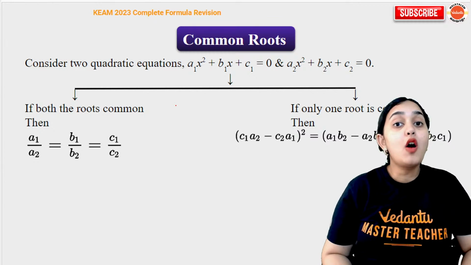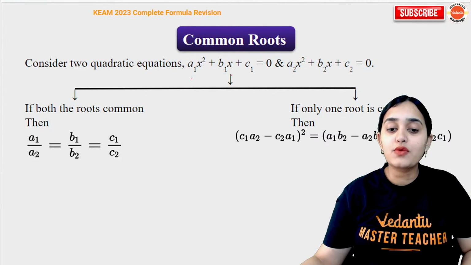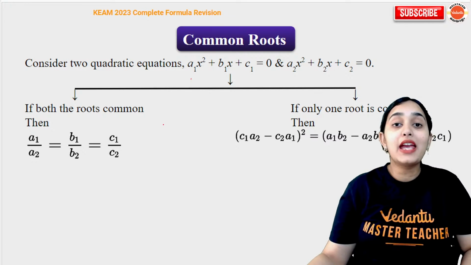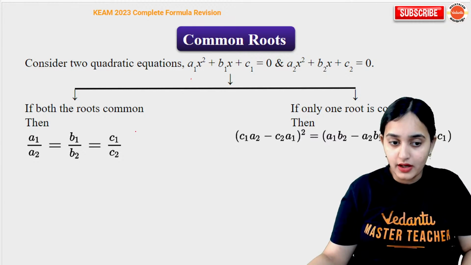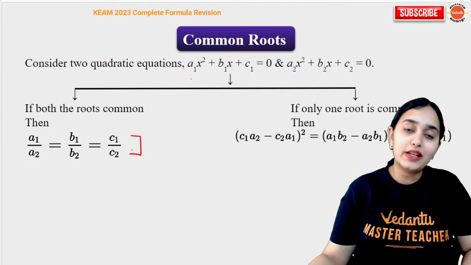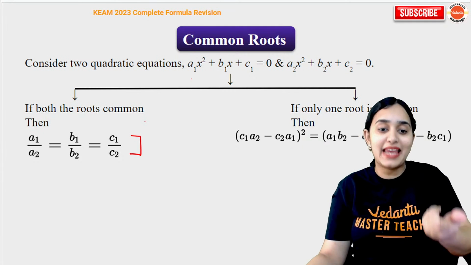Next is common roots. Now suppose you have two quadratic equations, a1x square plus b1x plus c1, and a2x square plus b2x plus c2. How can you determine if they have common roots or not? If both the roots are common, then this condition will be satisfied. The ratio between the coefficients will be the same.